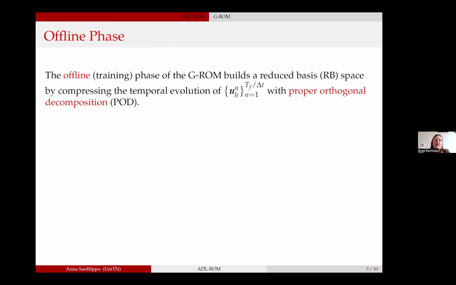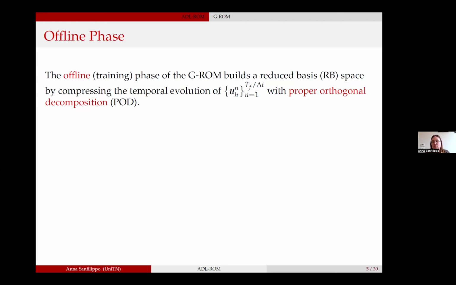So the offline phase, or also training stage, consists in building the reduced basis space and storing the reduced basis functions and eigenvalues. To do this, we use the POD, or proper orthogonal decomposition technique, and basically we compress the temporal evolution of the finite element solution at given times.